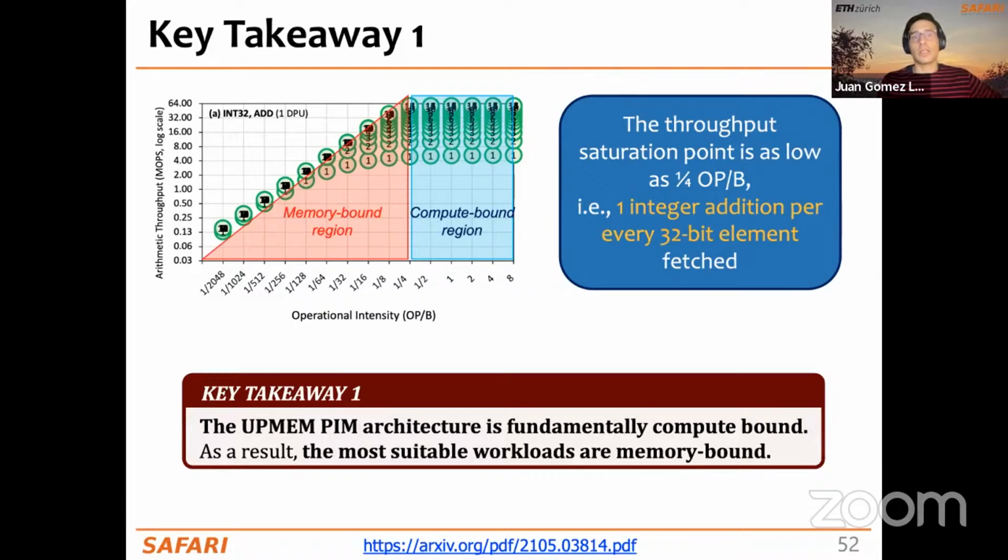So the key takeaway here is that the UPMEM PIM architecture is fundamentally a compute-bound processor. So we expect that most real-world workloads will be compute-bound in this architecture, but of course, we should also expect that the most suitable workloads are memory-bound in conventional architectures.